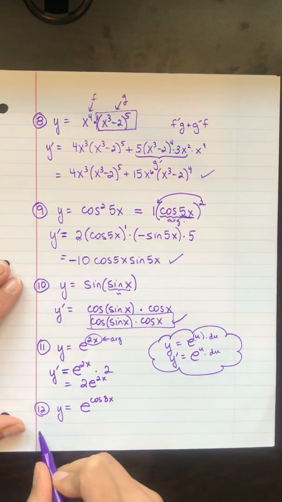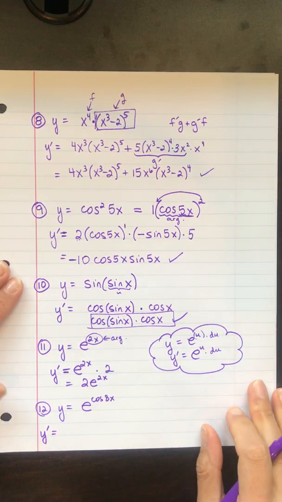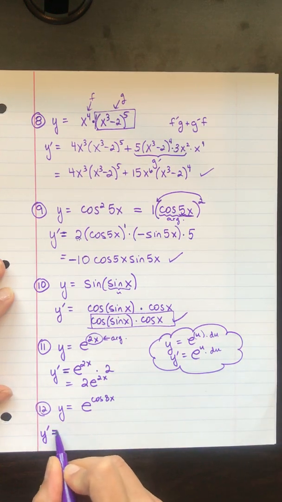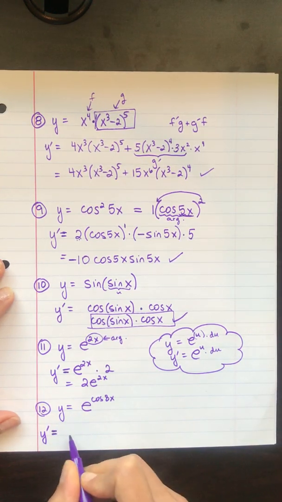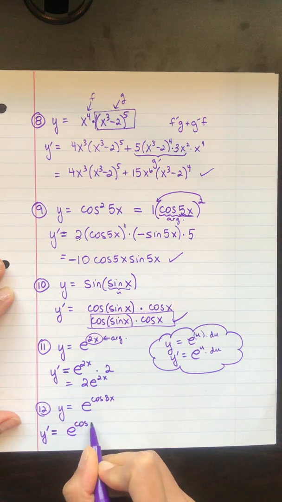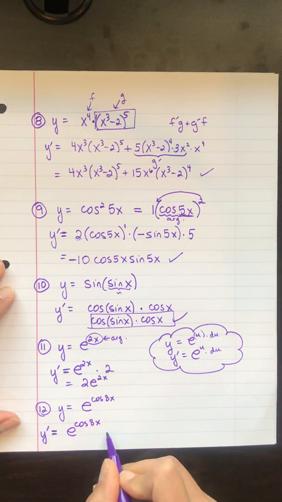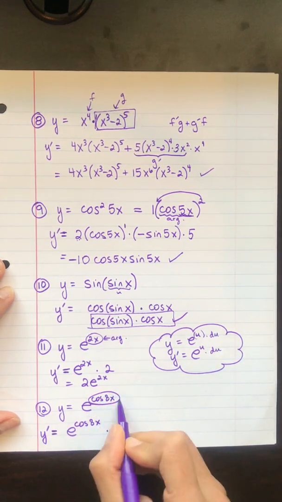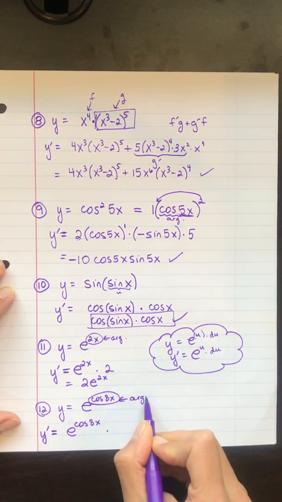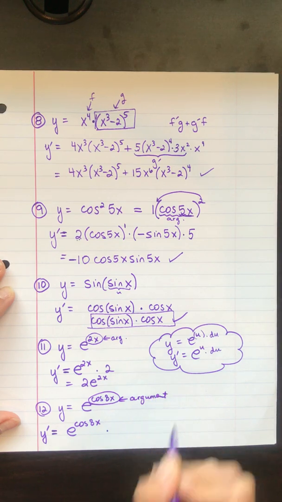So the derivative is itself, okay, the derivative of e is itself, times the derivative of its argument.